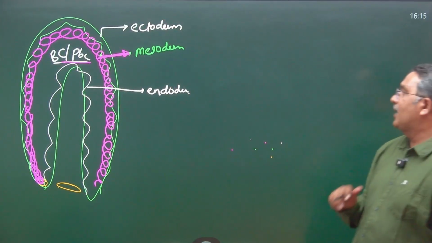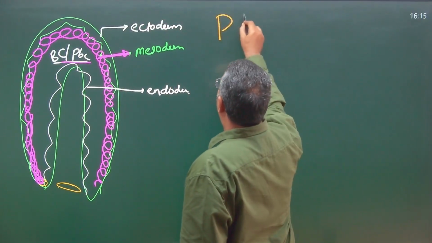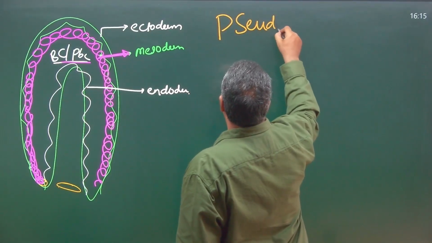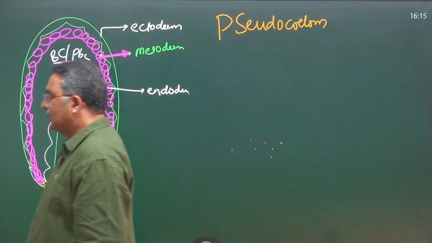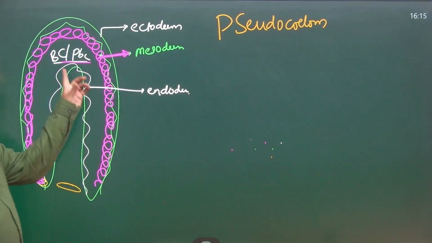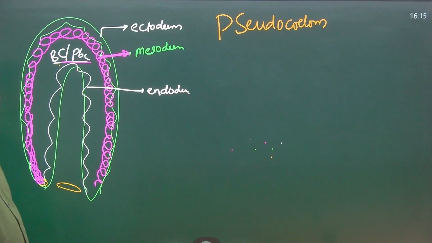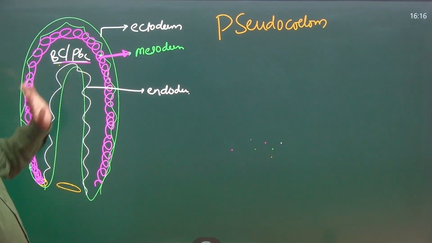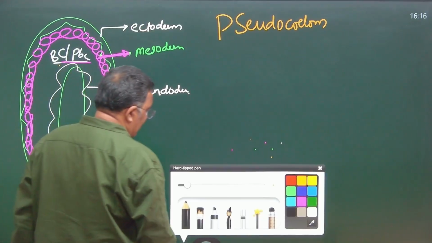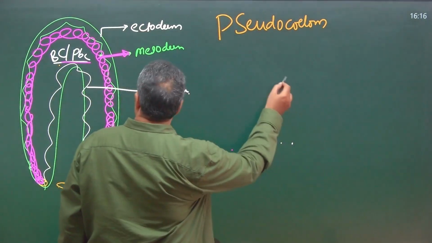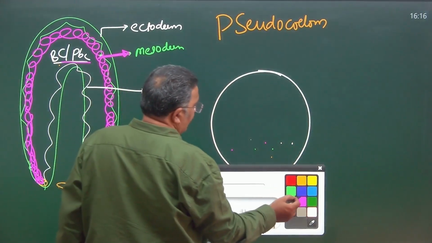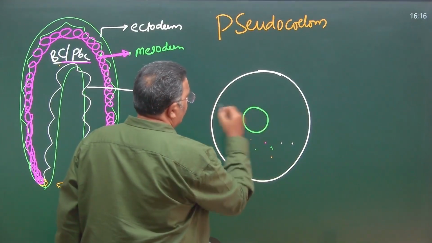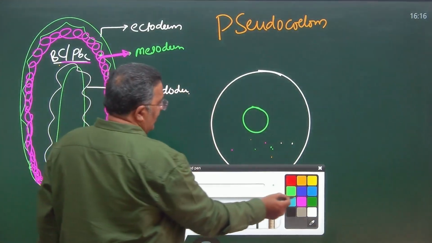And now we have to explain why it is called pseudocoelom. This is the cavity we say blastocoel or primary body cavity. Our mesoderm went only towards the ectoderm side. Let me show you the same colors. Ectoderm, and inside green we have taken endoderm.